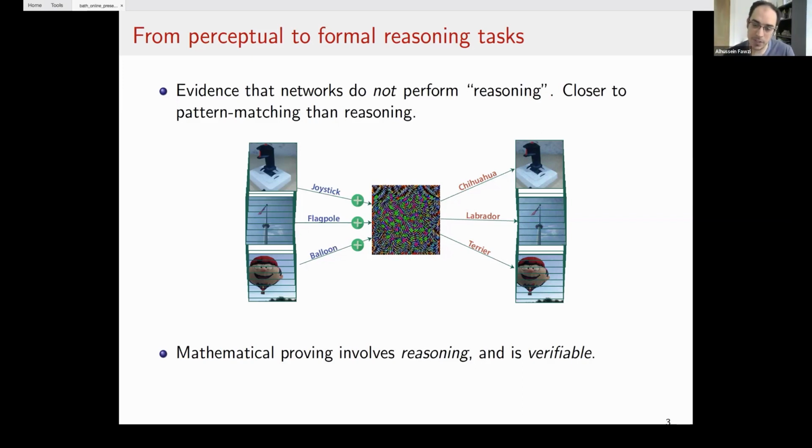And also one of the very nice properties is that it is verifiable, in the sense that if a machine learning system gives you a proof, you can take the output of the machine learning system, this proof, and then check it for yourself to see whether it makes sense or it doesn't make sense. In other perceptual tasks, this is a very hard thing to verify, right? Because of the nature of the task, it's very hard to take what the network outputs and then verify it automatically.